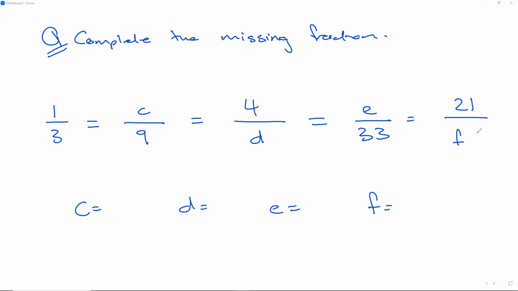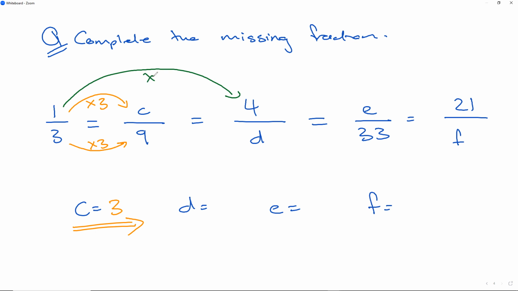So to go from 1 to C is the same multiplication that I've got to perform. So to go from 3 to 9, I have to multiply by 3. But to go from here, I would multiply by 3. So C is going to be actually equal to 3 for this one. To calculate D, what we got is 1 has to multiply by 4 to get to 4.